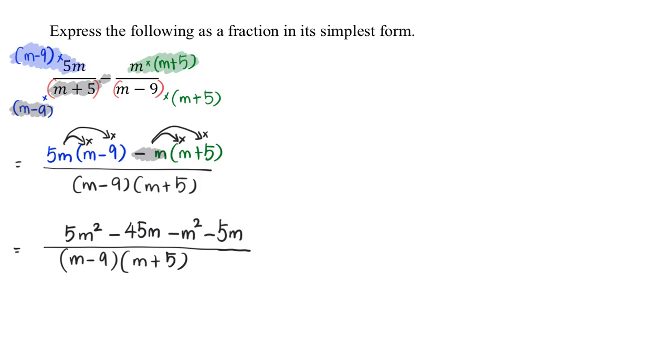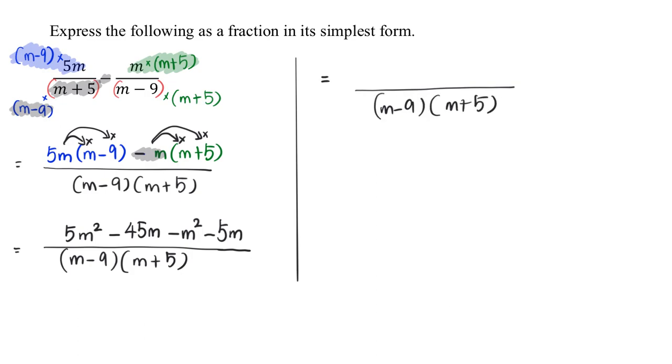Alright, since I have space at the other side, let's not squeeze, I'm going to just continue my working here. So the whole thing is still over m minus 9, m plus 5. And let's see. 5m squared minus m squared, this will give me 4m squared.